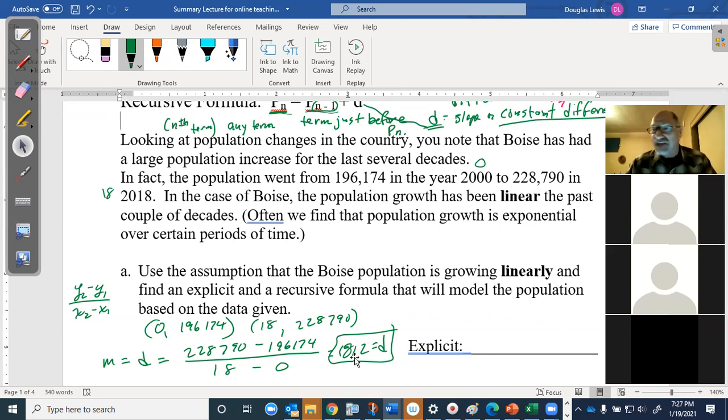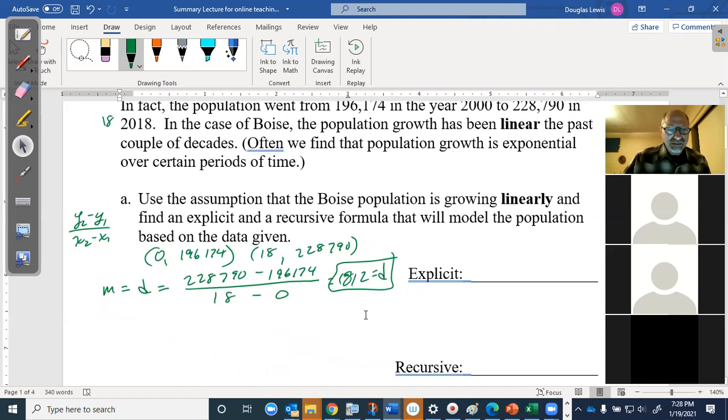Now that's not going to be exact, because Boise didn't get 1,812 people every year for 18 years. But since it says it's approximately linear, that means it probably was somewhere in the vicinity of 1,800, maybe a little more, a little less once in a while, but over the period of time, that was the average, and it was always pretty close to that.